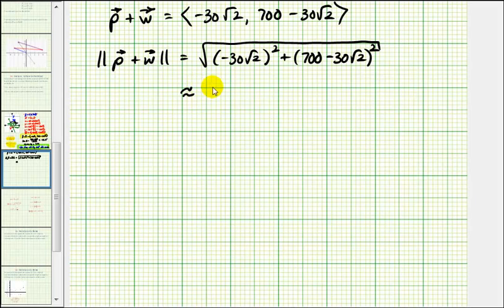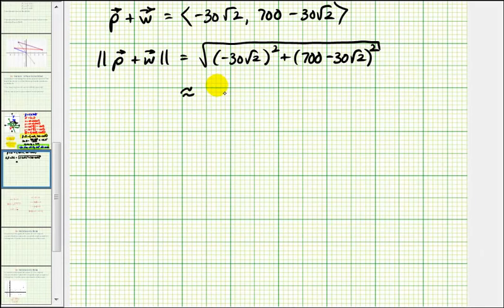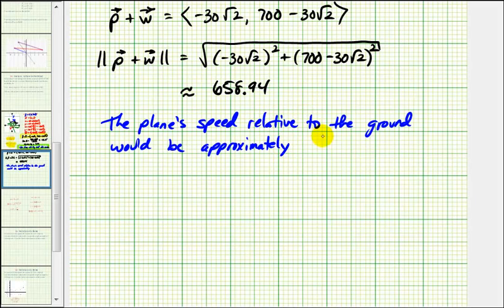And now we'll go back to the calculator. So the magnitude is approximately 658.94. Which means the plane's speed relative to the ground would be approximately 658.94 kilometers per hour.